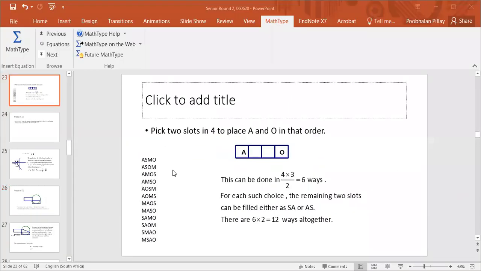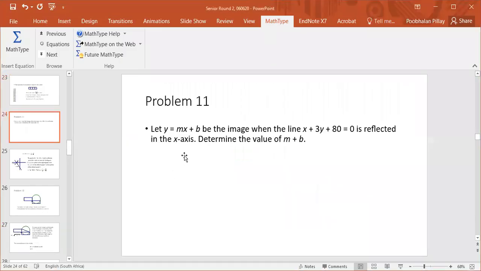So let's get on to the next problem. It says here, problem 11: let y equal to mx plus b be the image when the line x plus 3y plus 80 is reflected in the x-axis.